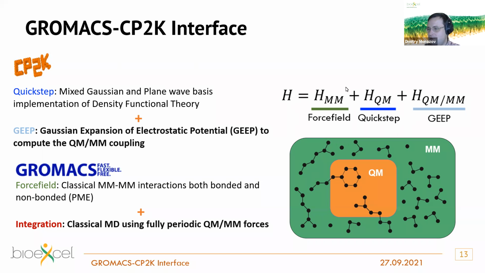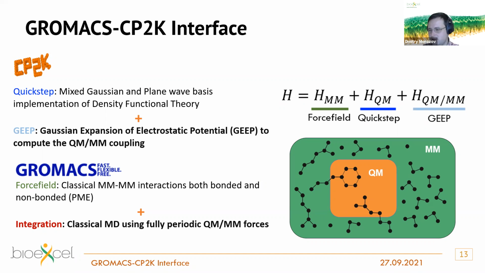So the total Hamiltonian of our system, of course, has three components. First, the force field, for which GROMACS is responsible. It's the pure MM interaction. The second one is pure quantum chemical, for which CP2K is responsible. And for the interaction of QM and MM, we also used CP2K functionality, in that case called GEEP, Gaussian expansion of the electrostatic potential, which allows the user to have periodic QM-MM interactions between the QM part and MM point charges.